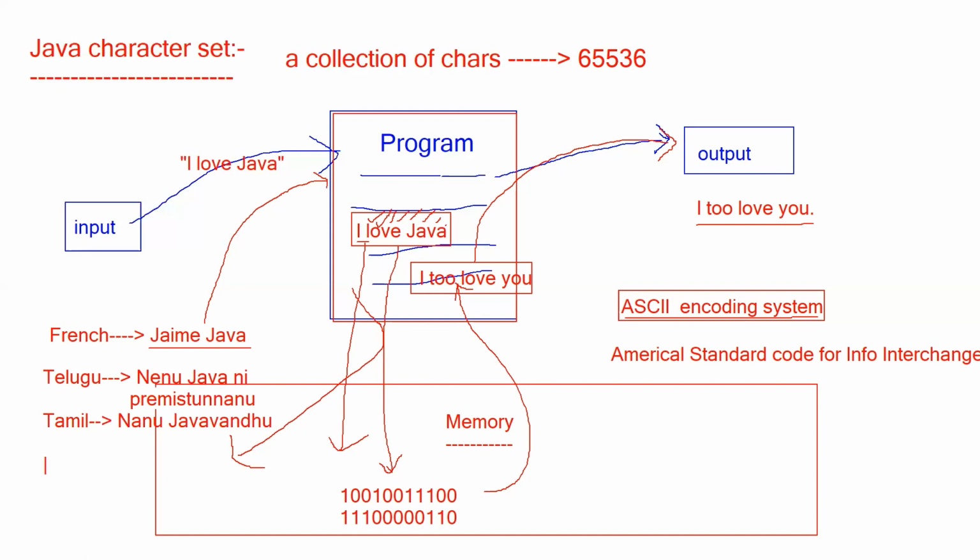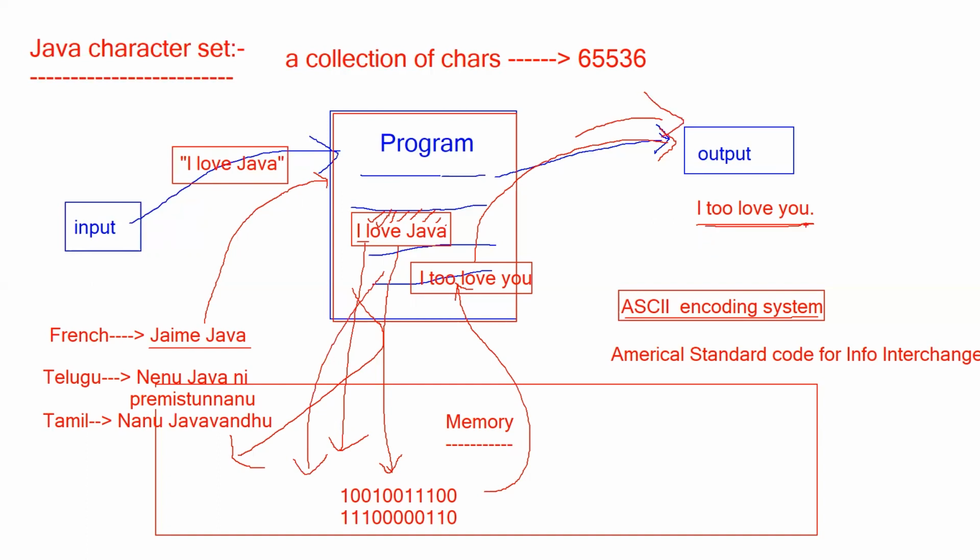Like that, different programmers or different users may give input in different languages, not only English. The same words will be given as input in different languages. Then this program should be capable of storing those different language characters in memory, and then process them and give the output also in their own language.